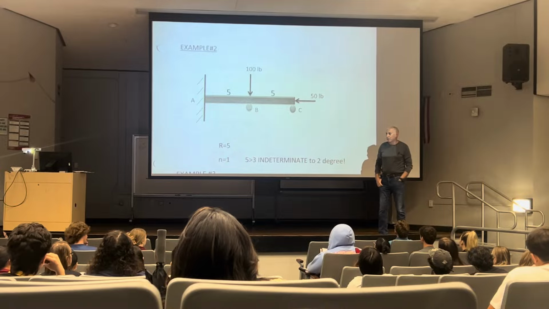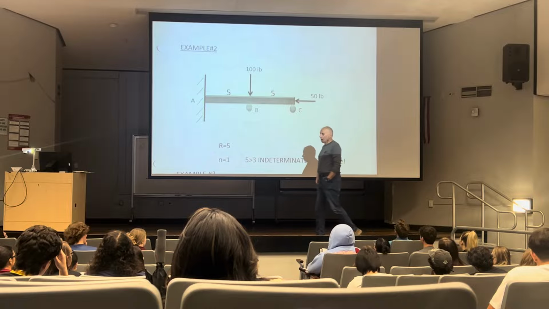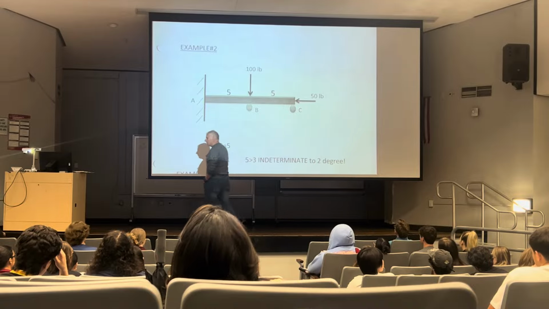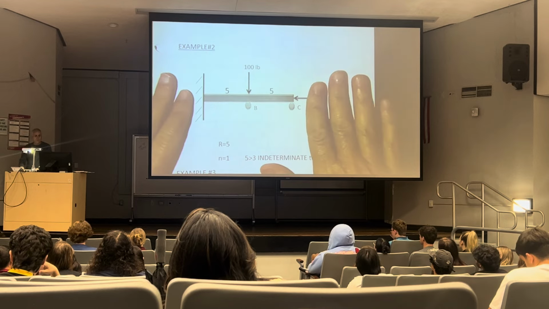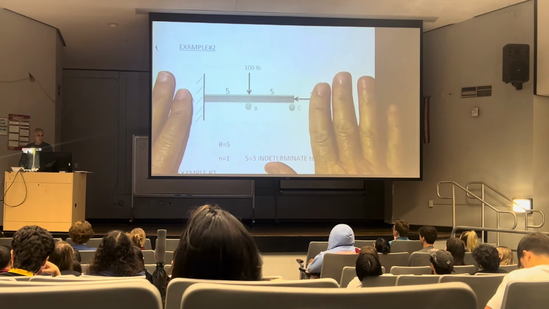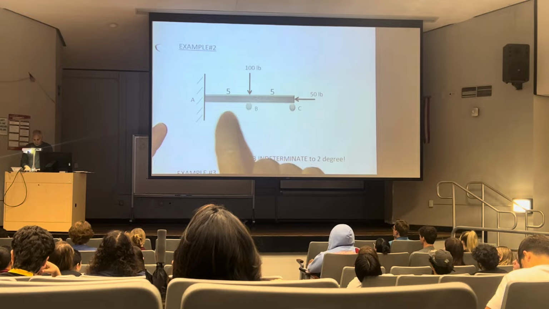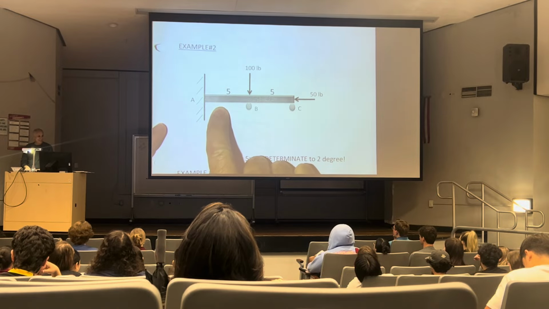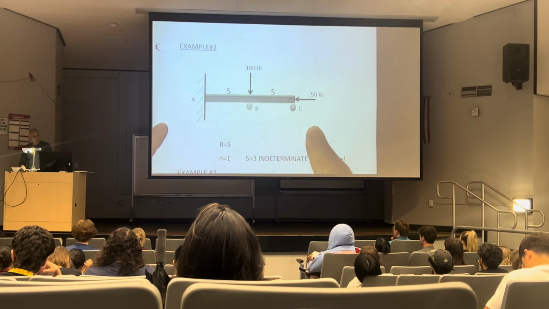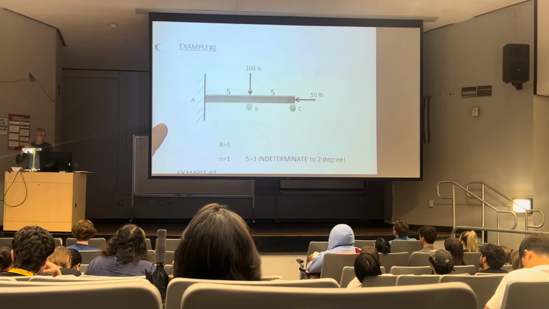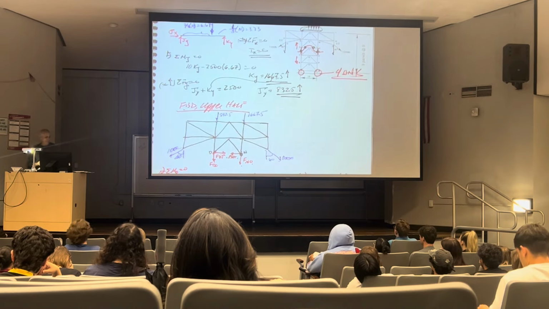When things start to deform, that's when you get lots and lots of problems. Lots of equations have to kick in for you to solve it. So if I had another roller here, that would mean I'd have 6 minus 3, 3 degrees of indeterminacy. So I need 3 more equations beside the equilibrium ones. Okay?